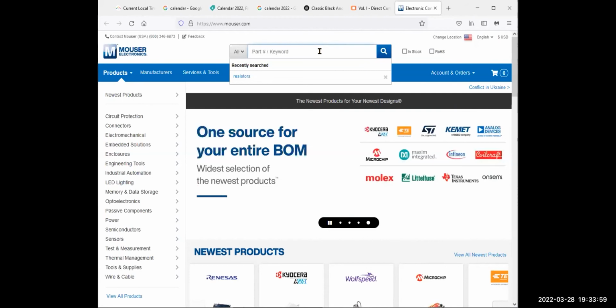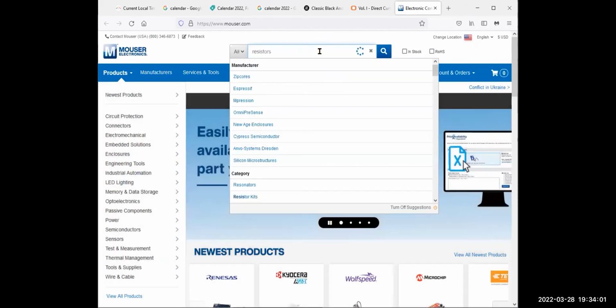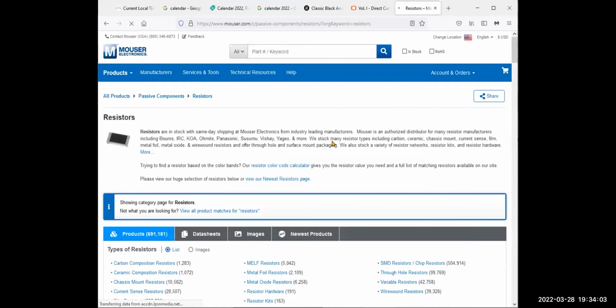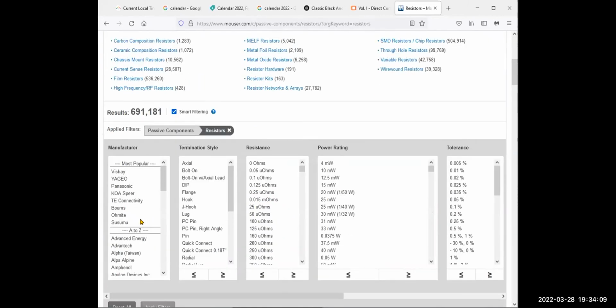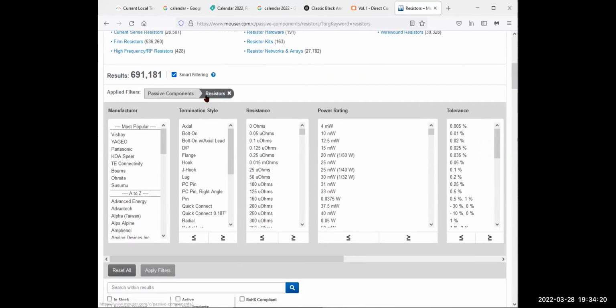So if we just search resistors, and you remember the resistor we used earlier is 10 ohm. Okay, so here is the list of items, and there is resistors. Smart search. The search engine is pretty smart. It filtered and then shows all the resistors.